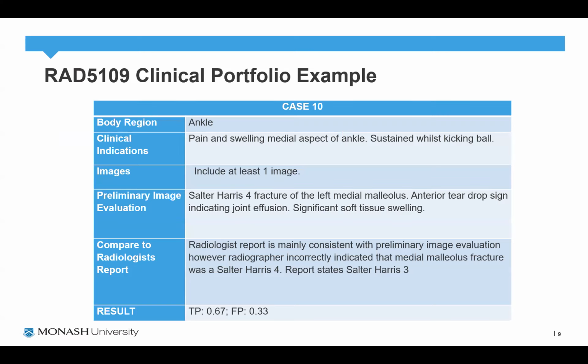I found with the clinical portfolio last semester, a lot of the word count was quite extensive radiologist's notes. So you can write it up. If you look at the screen now, what the student said is that the radiologist's report matches the majority of what was written in the preliminary image evaluation, but only mention the areas that did not match. So you can also do that.